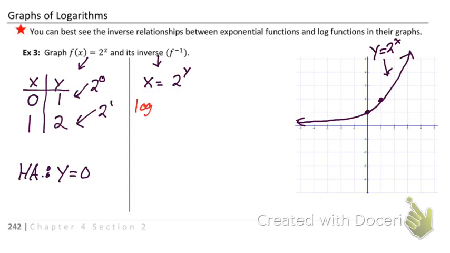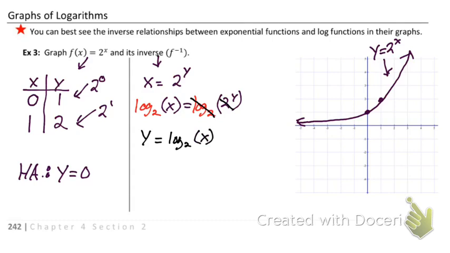So we're going to have log base 2 of x equals log base 2 of 2 to the y. Well, guess what? That log base 2 and that base 2 exponent are going to cancel each other out. And I'm just going to be left with y equals log base 2 of x.